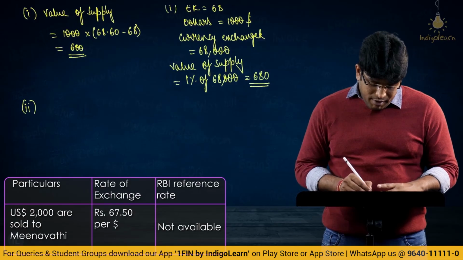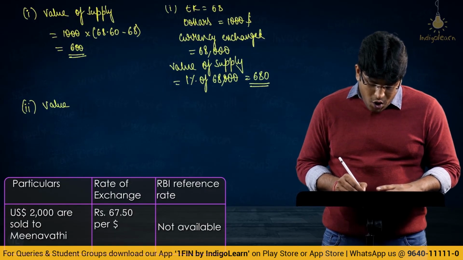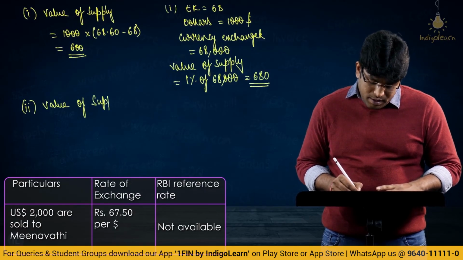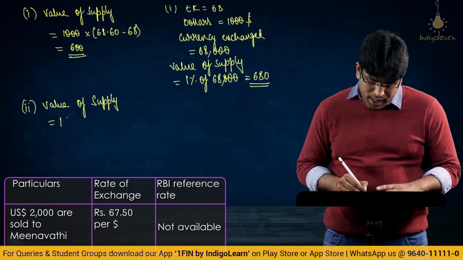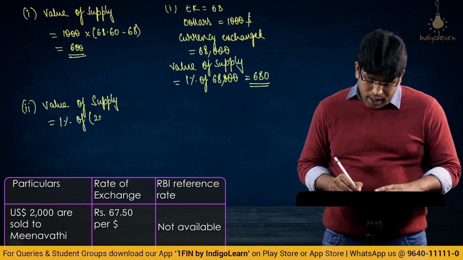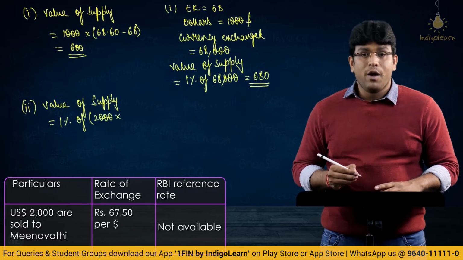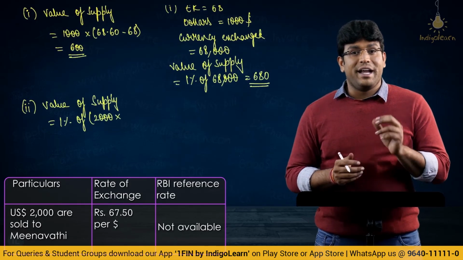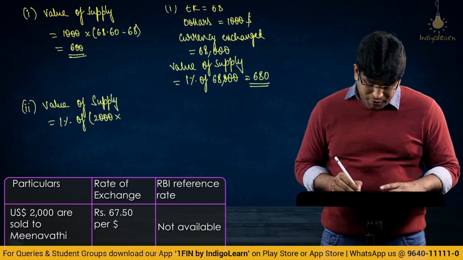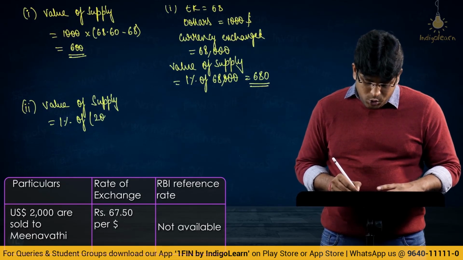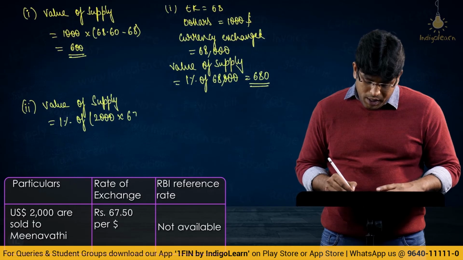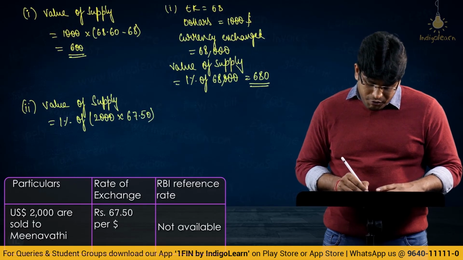So we know that if RBI reference rate is not available, then my value of supply turns out to be 1% of currency exchanged in Indian rupees. So 1% of $2,000 into 67.50.